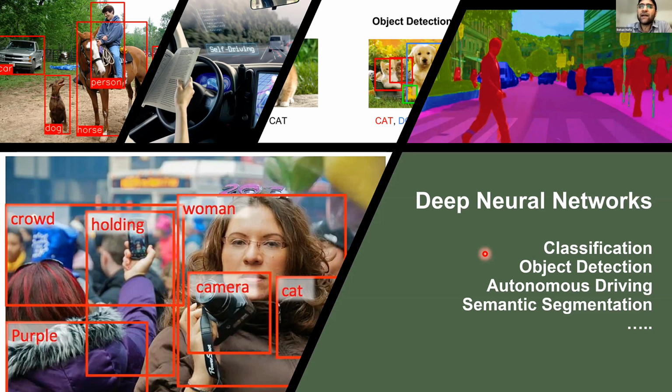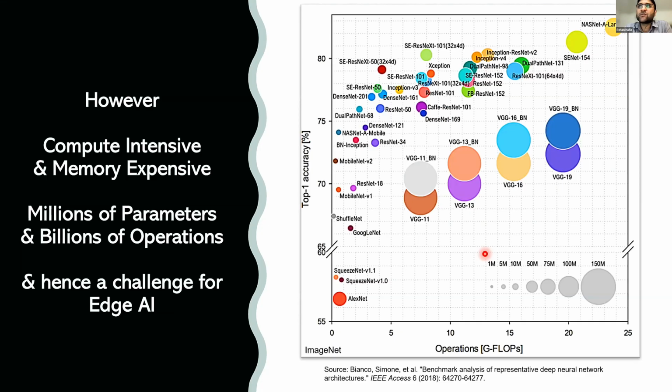On this slide, we are showing the top 1 accuracy of image classification networks on the ImageNet dataset. On the vertical axis, we have the top 1 accuracy, and on the horizontal axis, we have the operations in gigaflops.